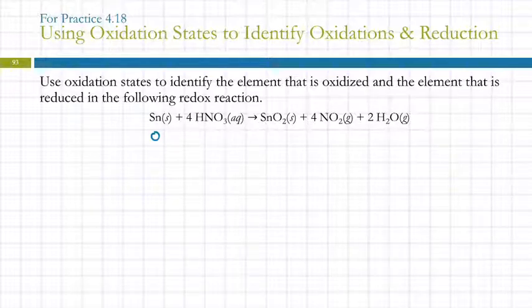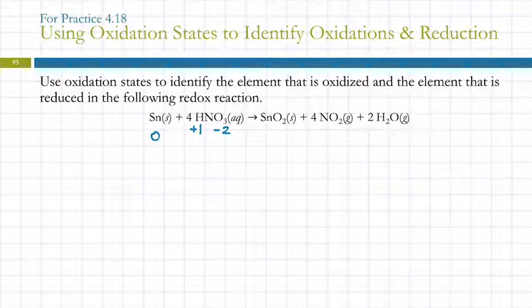Well, let's just tackle that next one. We've got hydrogen, nitrogen, and oxygen. So we're going to say HNO3. Hydrogen, what does hydrogen want? +1. Next in the list is oxygen. Oxygen wants -2, so it gets it.